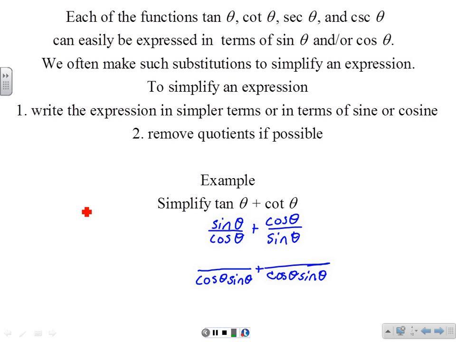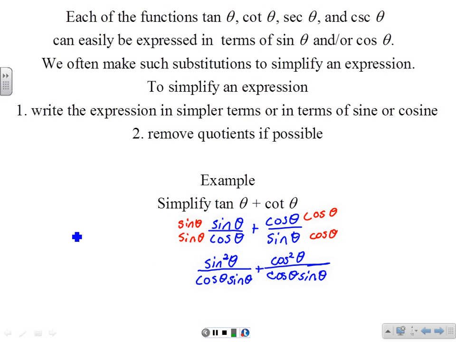So we're going to multiply the top and bottom by sine theta. And so on top, we get sine theta times sine theta is sine squared theta. And then the one on the right, we have to multiply the top and the bottom by cosine theta. And so that's going to give us cosine squared theta over that common denominator.